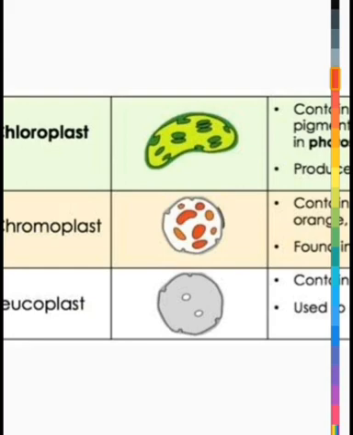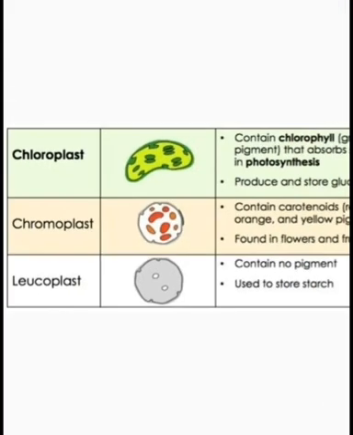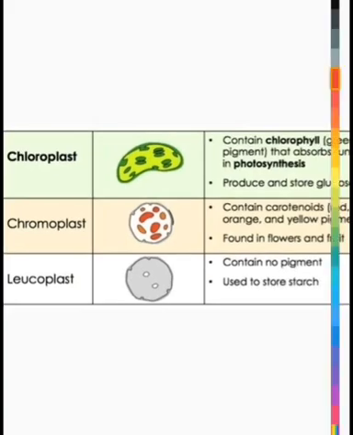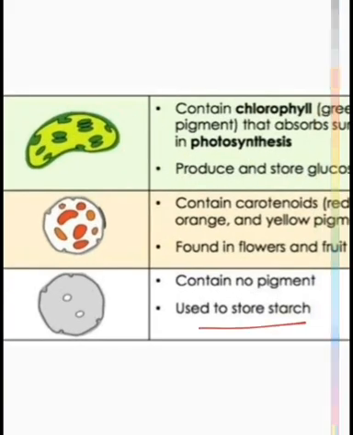Their main function is to store food material in the form of carbohydrate, lipid and protein, and they are mainly found in the regions of plants which do not receive any sunlight. They do not contain any pigment, and their main function is to store food. As written here, they are used to store starch, and they can also store lipid and protein.